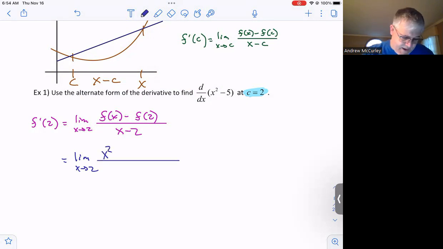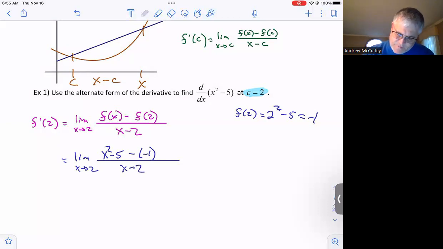So x squared minus 5 minus, well, what's f of 2? 2 squared minus 5, which is -1. So that's minus -1, all over x minus 2.